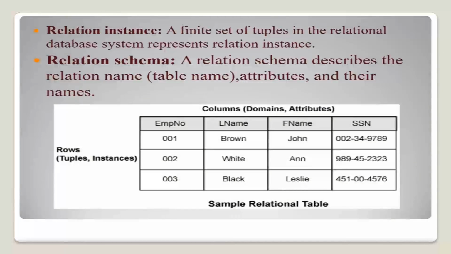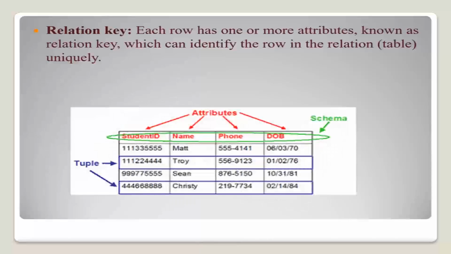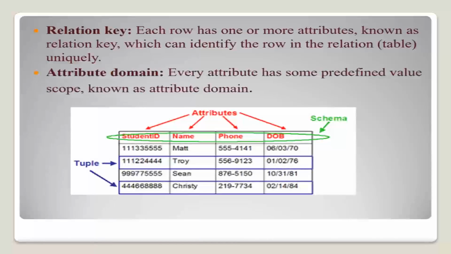Next, moving to the relation keys. Each row has one or more attributes known as relation keys, which can identify the row in the relation uniquely. Next is attribute domains. Every attribute has some predefined value scope known as attribute domain.